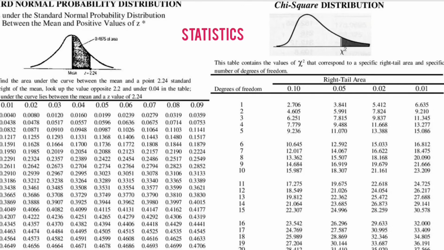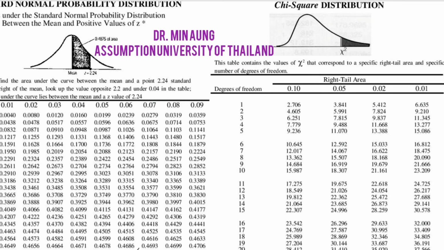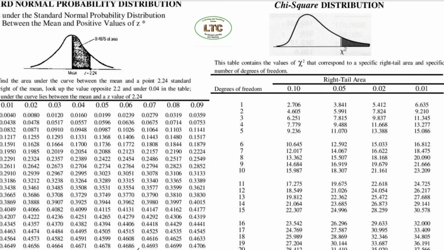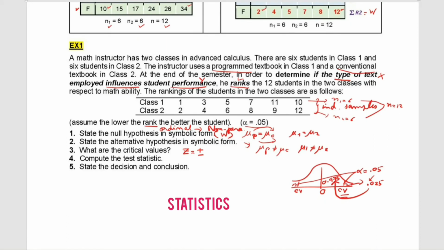Look for the area 0.475 here. 0.475, therefore 1.9 column 0.06, therefore this is 1.96 and this area will be 0.475 and the tail area will be 0.025. Now the positive critical value is 1.96.